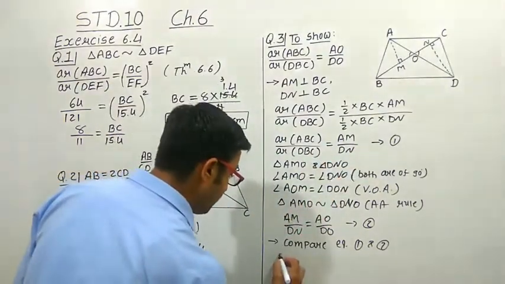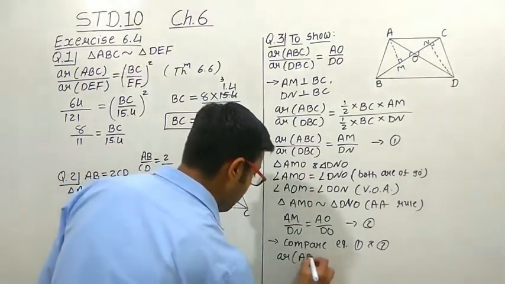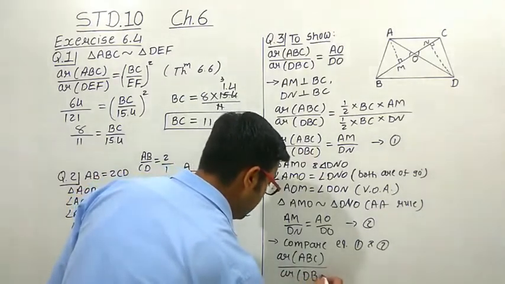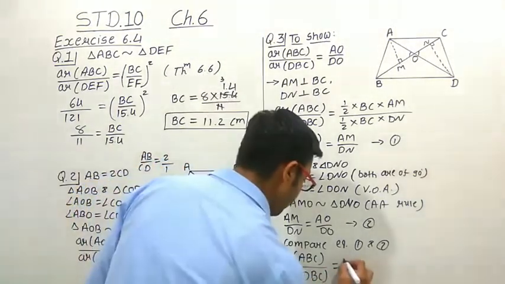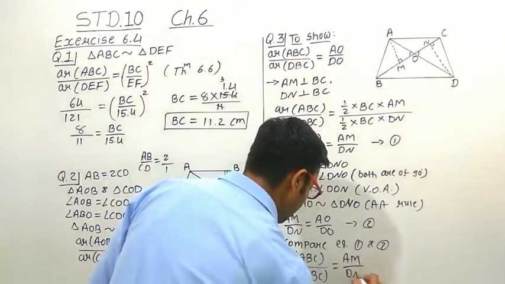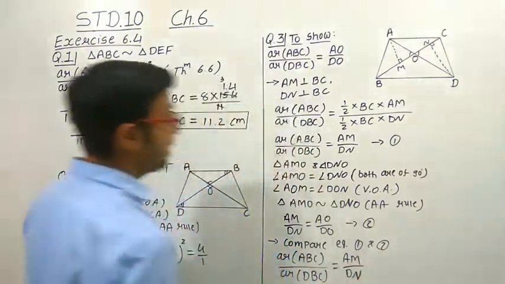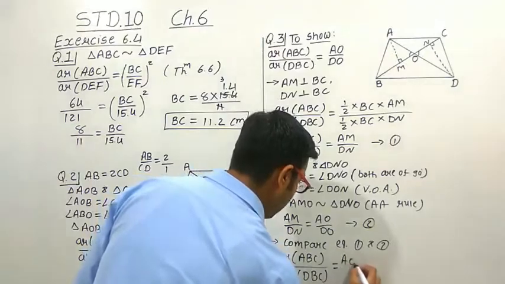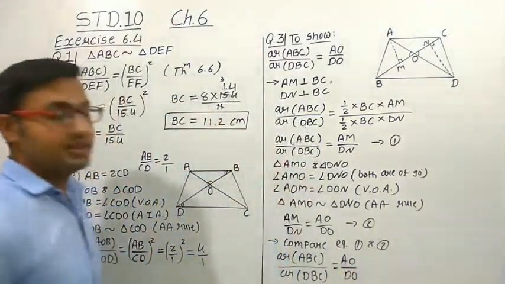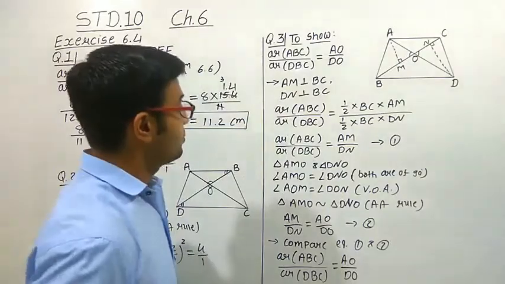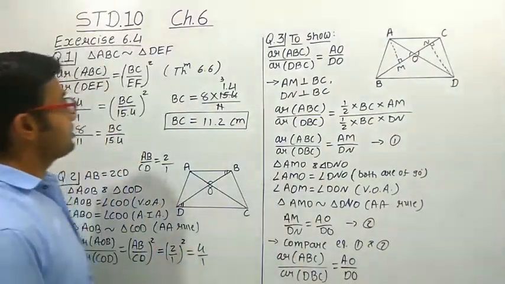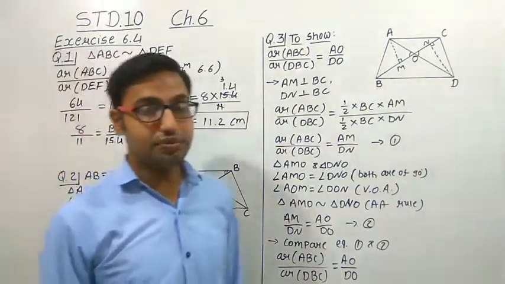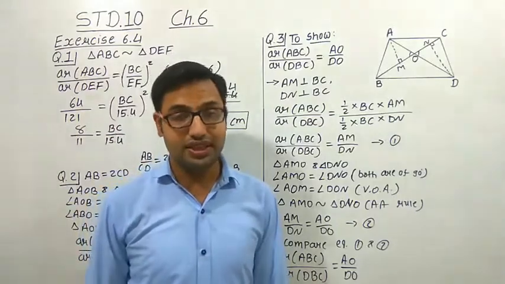That means we can write that area of ABC upon area of DBC is equal to AM upon DN, and that is equal to the required AO upon DO. And this is the required result, right? So this is how we can solve this type of question using theorem number 6.6 and the criteria of similarity. So this is all about this lecture. Thank you.